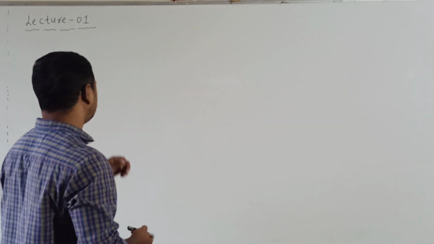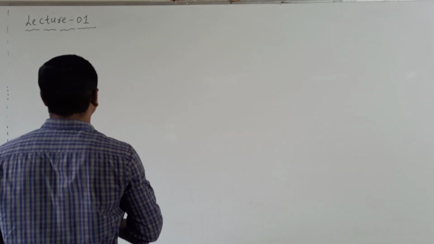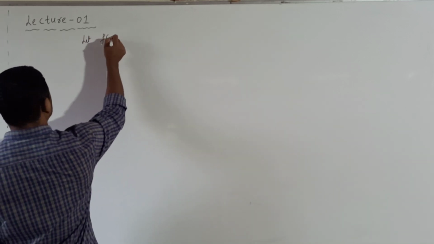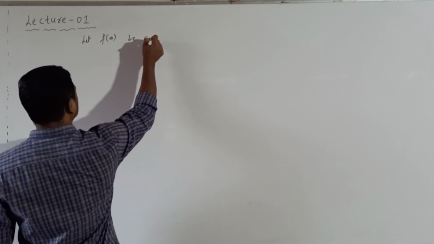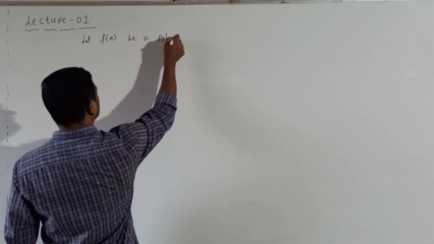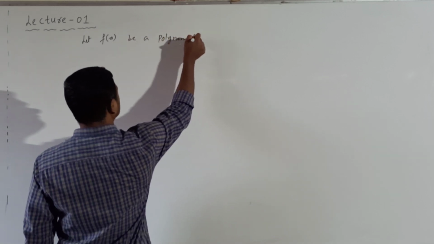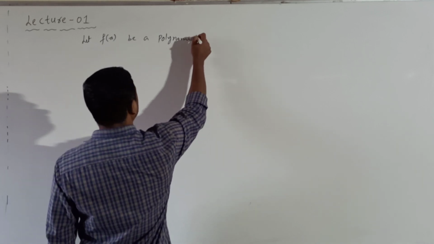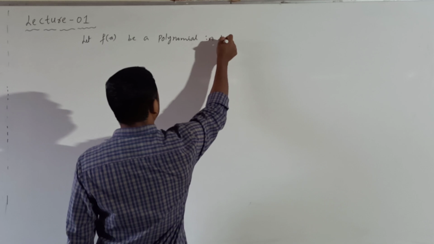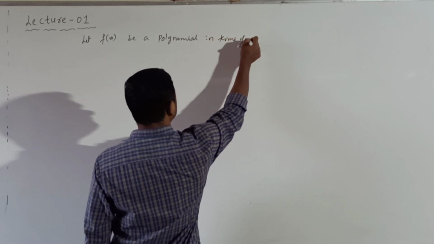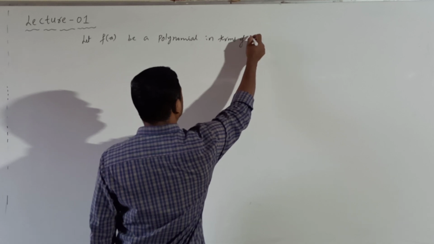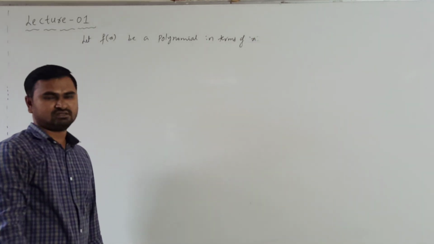So let us take a polynomial that f(x) be a polynomial in terms of x. So polynomial function we are taking in terms of x.